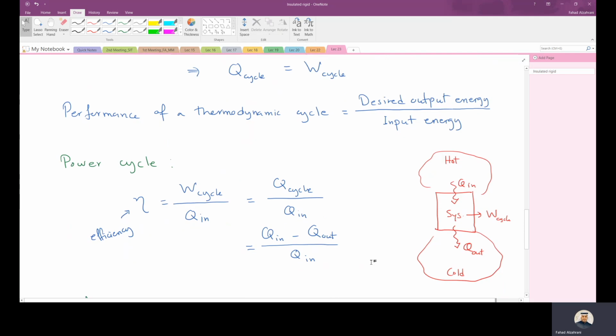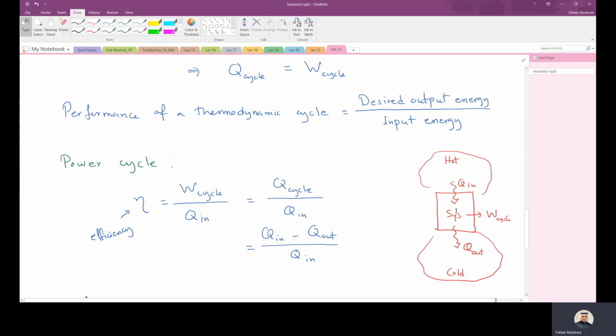An example of this cycle is what we call a power cycle. In a power cycle, you have a system exchanging heat with two mediums, or two reservoirs, as we call them: a hot reservoir and a cold reservoir. This system goes through a thermodynamic cycle, going through different states. During these states, ya shabab, it is taking heat from the hot reservoir and dissipating heat Q out to the cold reservoir.